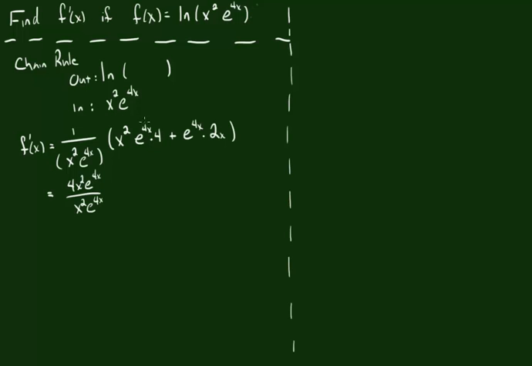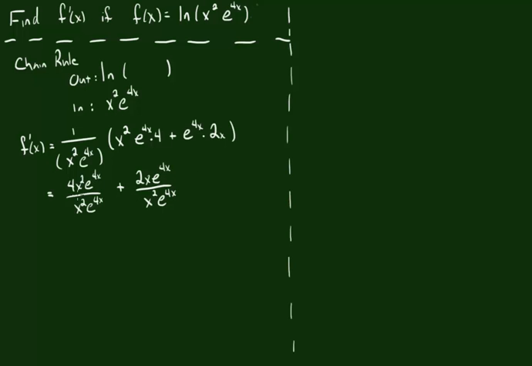You'll notice I did reorder these three factors in the numerator here. The second term here is going to be 2 times x times e to the 4x all over x squared e to the 4x.